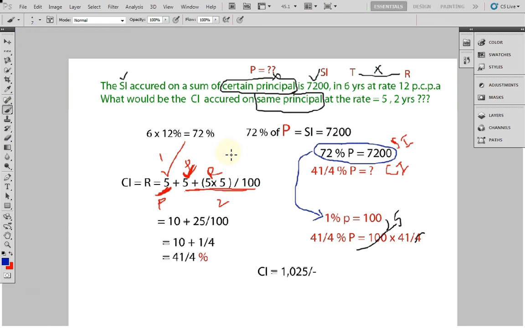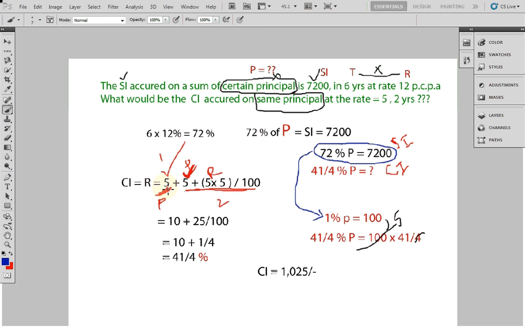Now coming to compound interest, as I said in previous sessions, first of all we have to calculate rate of interest for 2 years. For compound interest the rate of interest will change from first year to second year, because in the second year we will calculate interest not only on the principal but also on the interest.